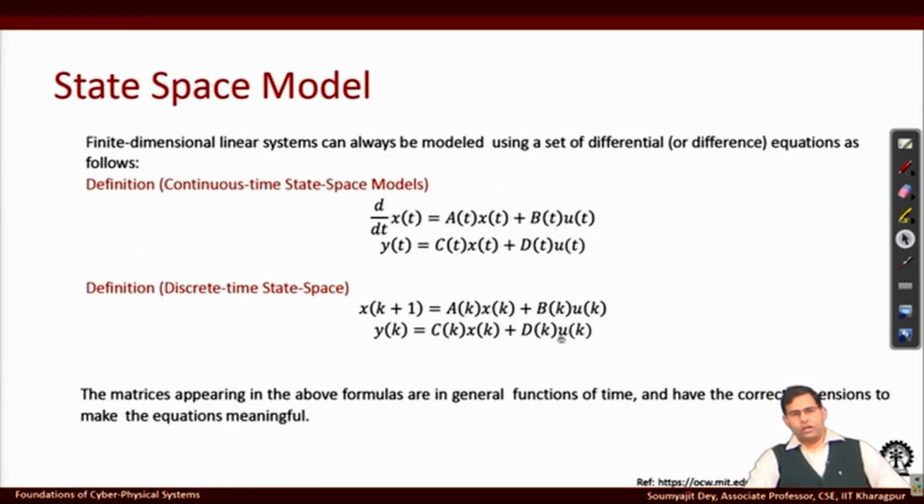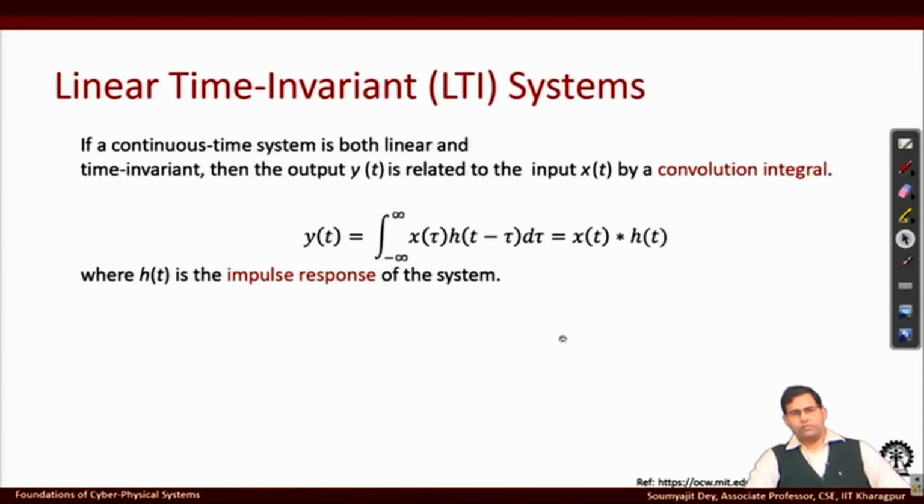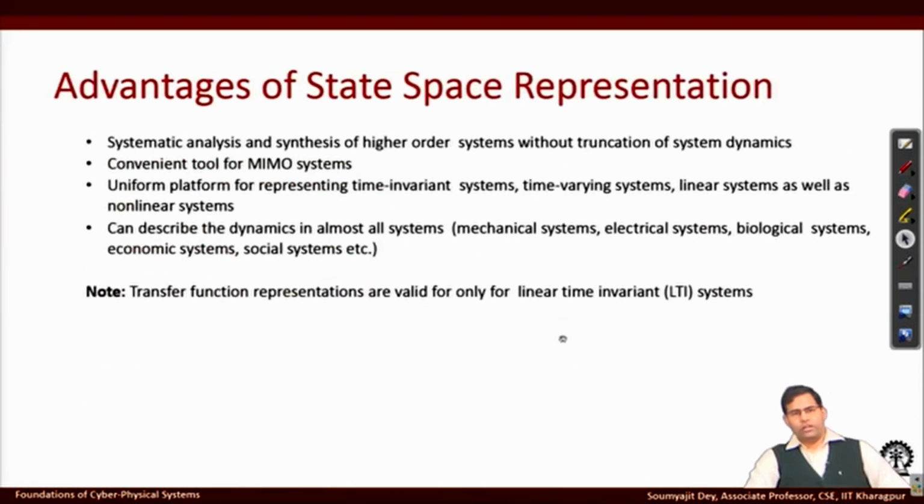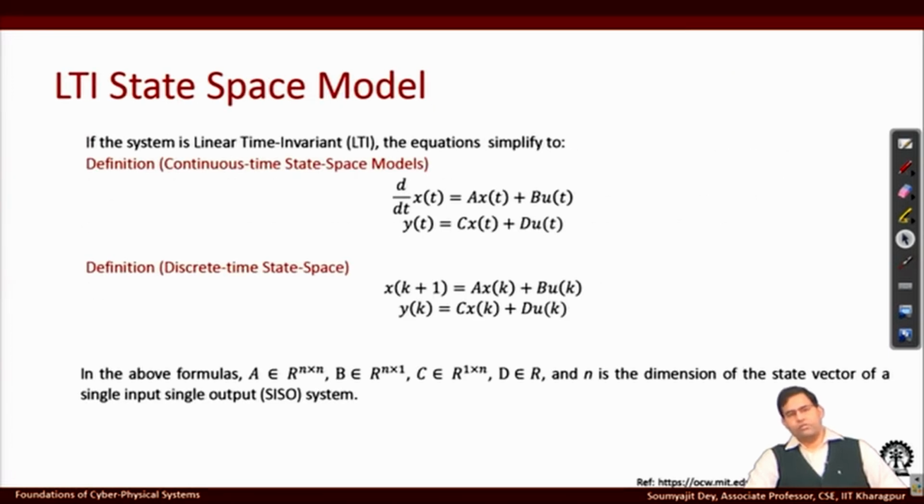So, this was our idea of the state space model, and then we said, what are the advantages of the state space model. Just recapitulating a bit, you can model MIMO systems, you can create time invariant system models, you can model in general linear systems, you can also have time varying system models using this concept of ABCD matrices to represent the system, where A and B can be functions of time, or ABCD all of them can be constants.